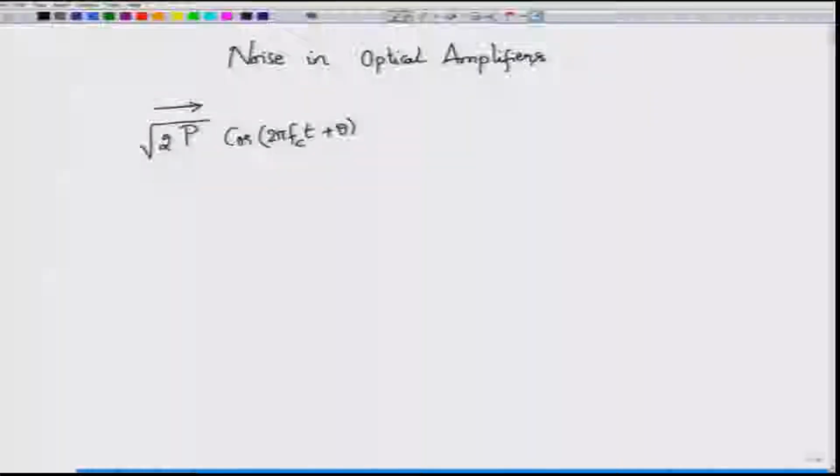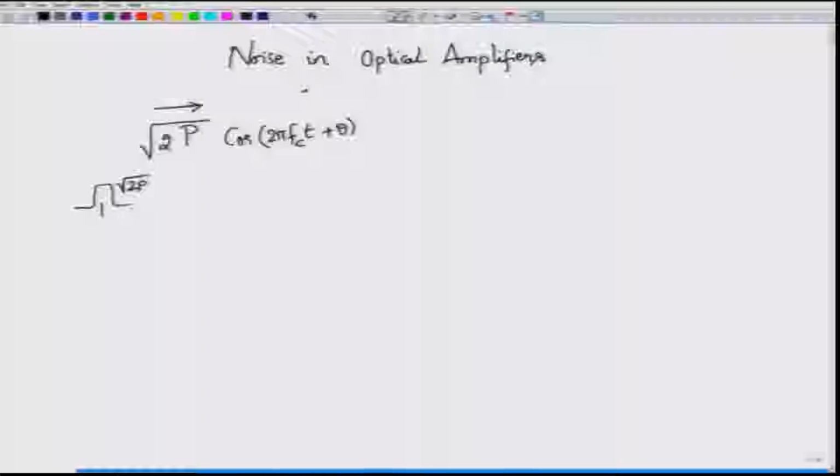This expression could very well describe the pulse that you might have received when you are transmitting using an on off keying system. When you transmit a pulse, the amplitude of the pulse would be square root 2P, and it is centered at the frequency Fc.